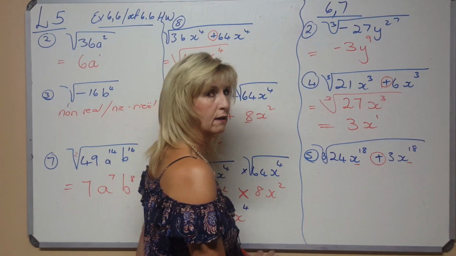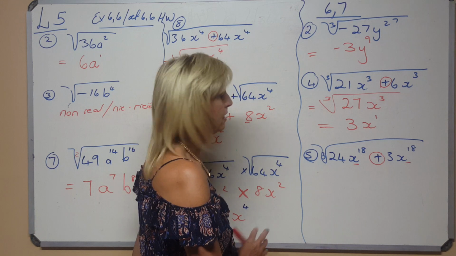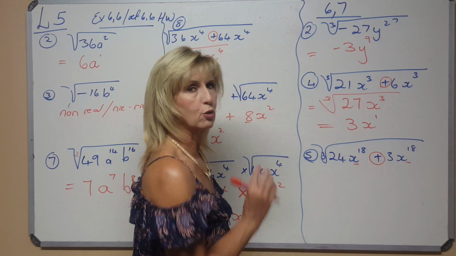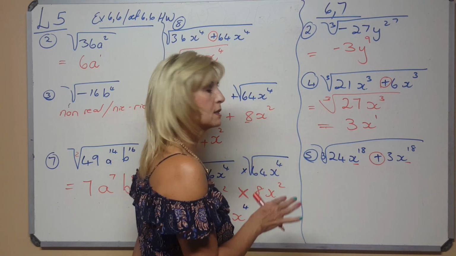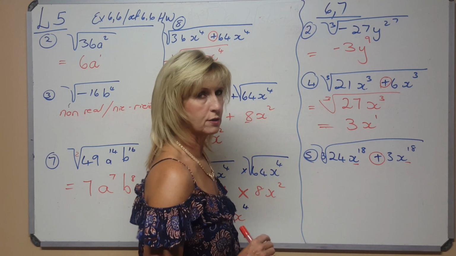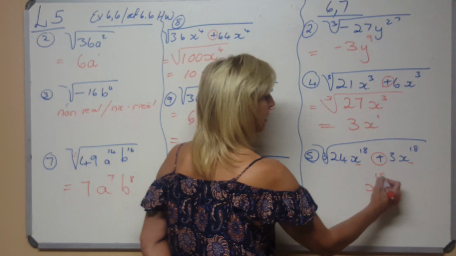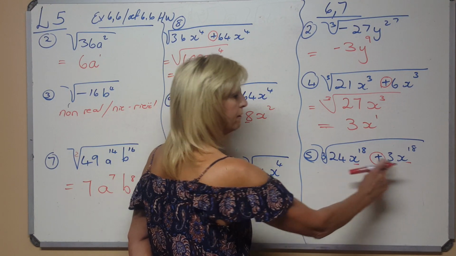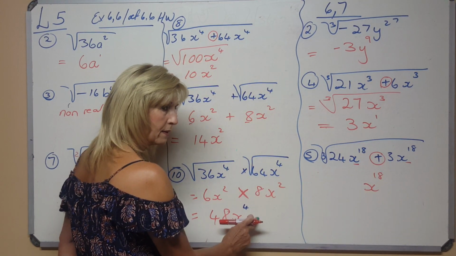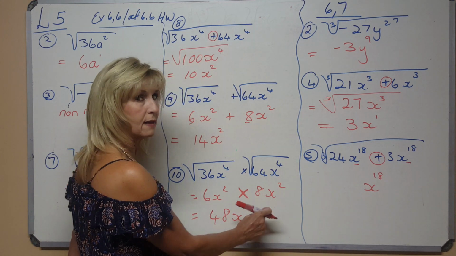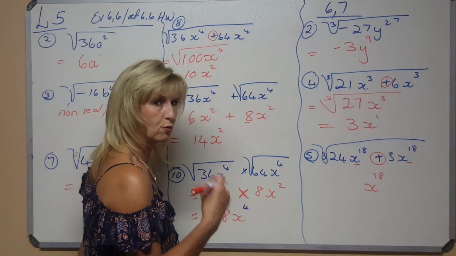Jy kan so groot uitgebreide antwoord kry in wiskunde. Al jou antwoorde gaan nie meer uitwerk net op 1 of 2 of 6 nie. Your answer doesn't only have to go to an integer answer. Okay? So if it's like, then you're adding the like terms by adding the coefficients. When you time and the bases are the same, you keep the base and add the exponents. Do you hear the rules all the time?